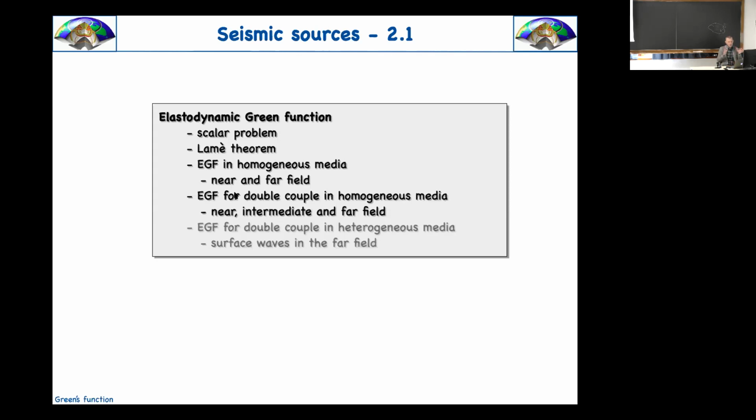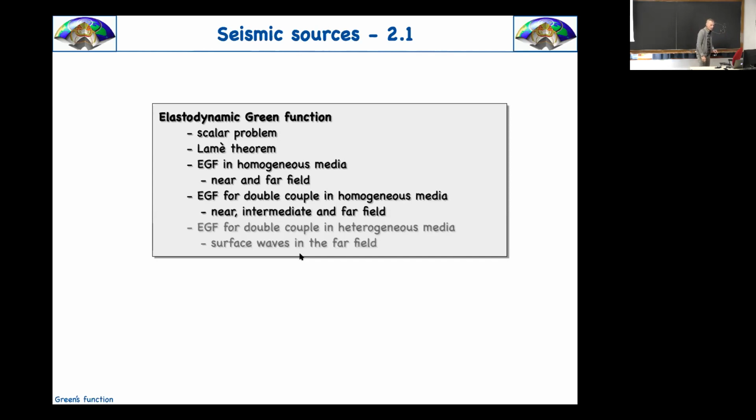So this is what we're going to do today. And concluding with this, that will be the expression of the displacement in our beautiful Earth when the fault is no more there, and we represent it as a point source.